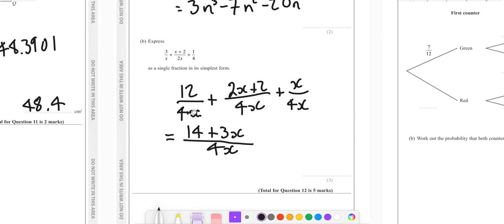If we had picked a bigger number, so if we'd multiplied them all together, for example, and got 8x squared, we'd have had to do some cancelling at this point to get down to the 4x. But it's still doable like that.